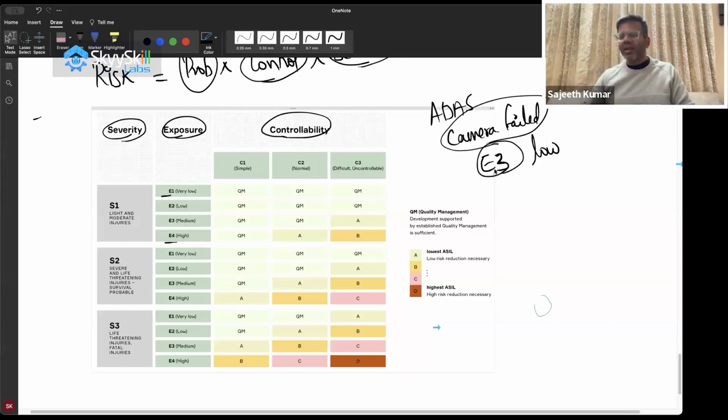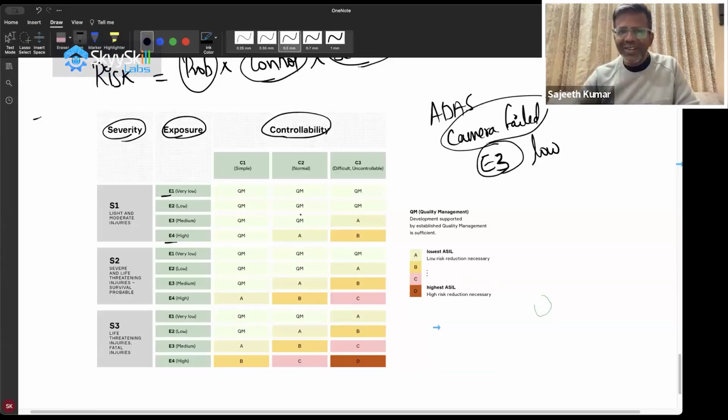Because it can rain, it can have fog, there are a lot of things which can throw your camera off. So let's say the exposure is a medium exposure, okay? Now if this happens, will you be able to control the car or not, right? So you're driving, and suppose you have taken your hands off the steering, you have fallen asleep. Will you be able to control?